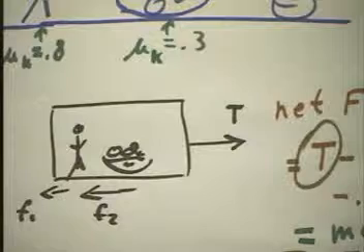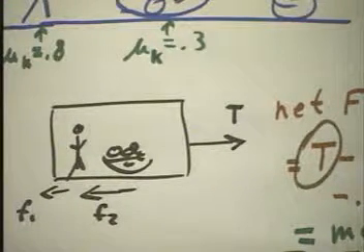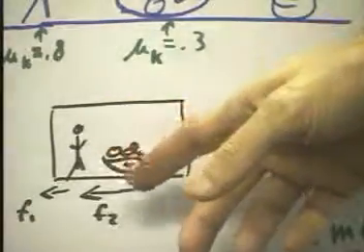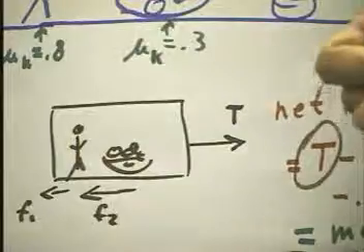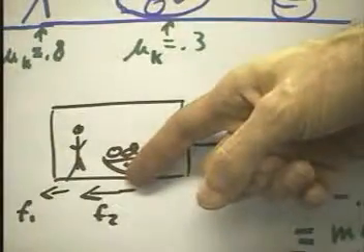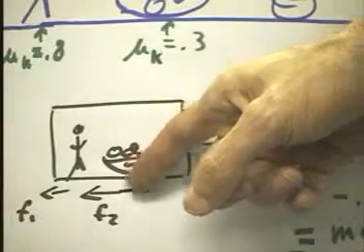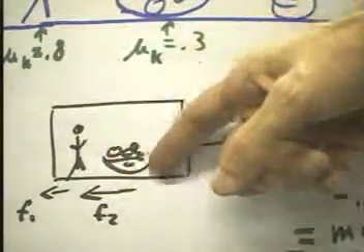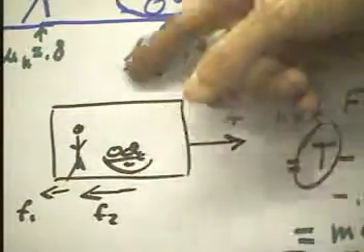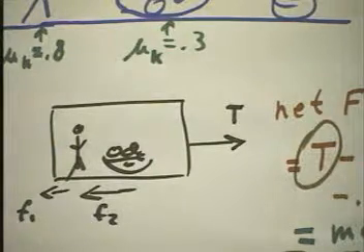Well, there are other forces, but these are the net forces acting on the system. The other forces, of course, are the gravitational force on the owner and the normal force of the surface, and the gravitational attraction of the earth, or gravitational force exerted on the rocks, and the normal force that supports those rocks.